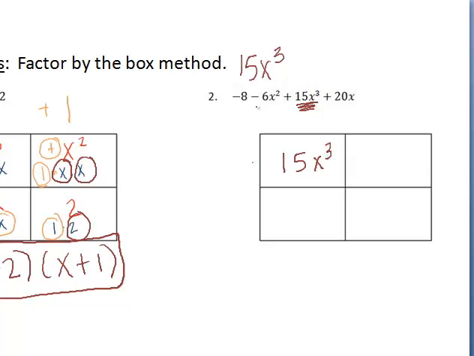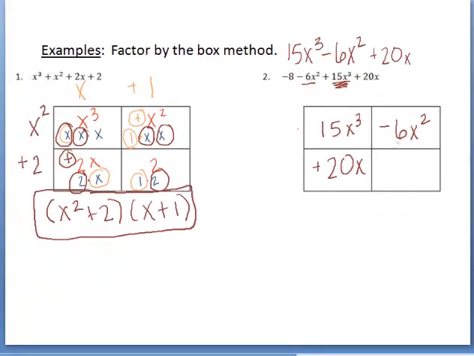The next box is going to have the minus 6x squared, because that's what would come next in descending order, and then the plus 20x is going to come here. Okay, and then last is the minus 8, and that goes here.